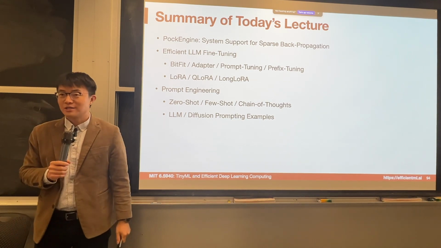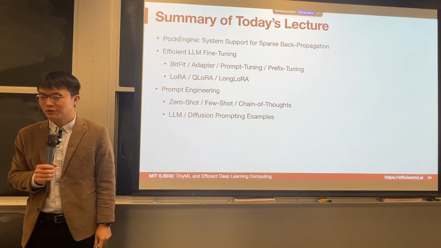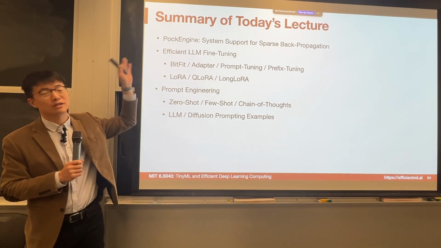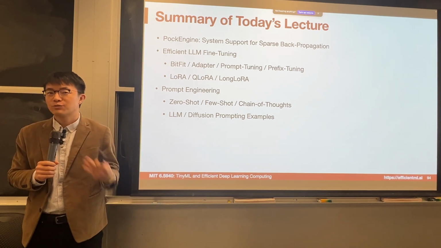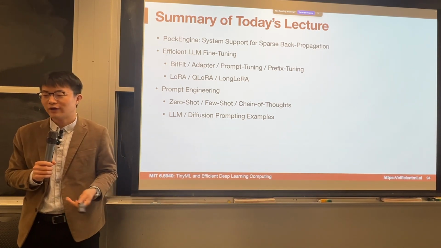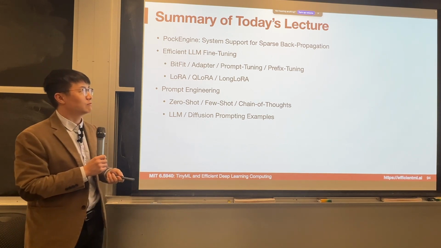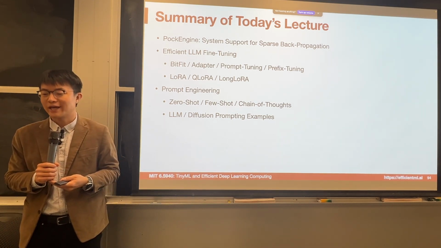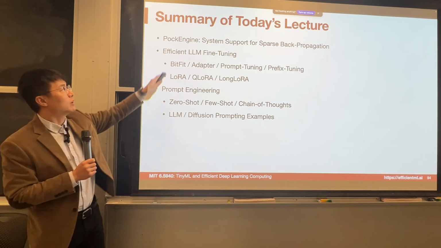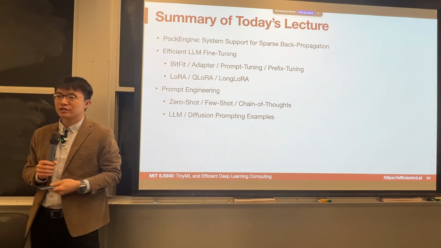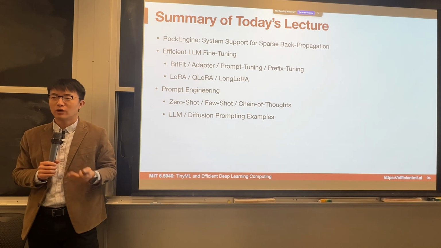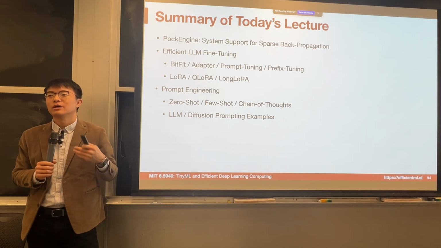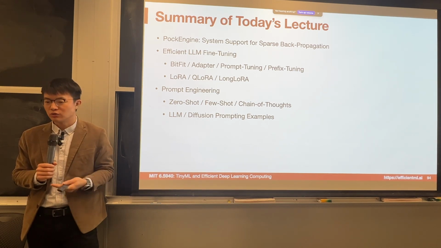All right, so this is the summary. Let's summarize today's lecture. We started with PockEngine, the system support for sparse backpropagation so that you can do fine-tuning locally on the edge device, on a mobile GPU or mobile CPU, or Raspberry Pi or a DSP. We talked about special fine-tuning techniques for large language models, where the bottleneck is the weights. We want to reduce the number of parameters that we need to fine-tune.